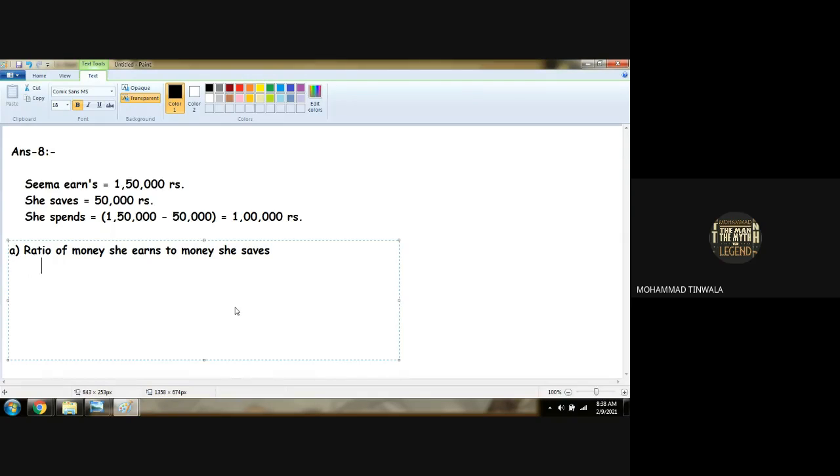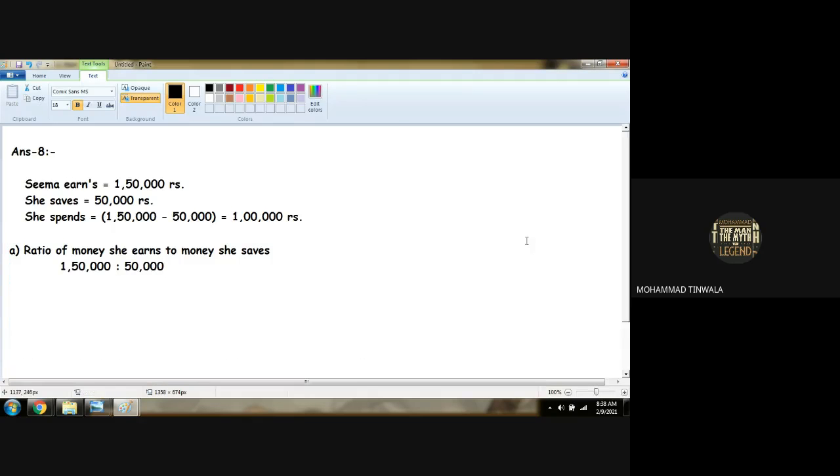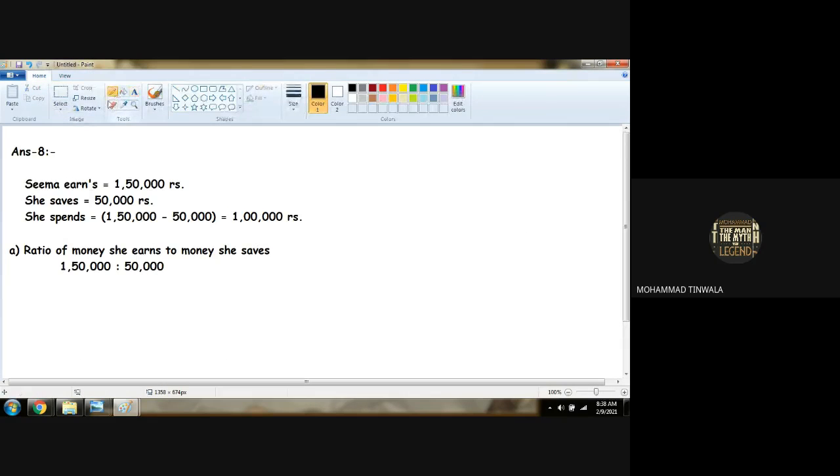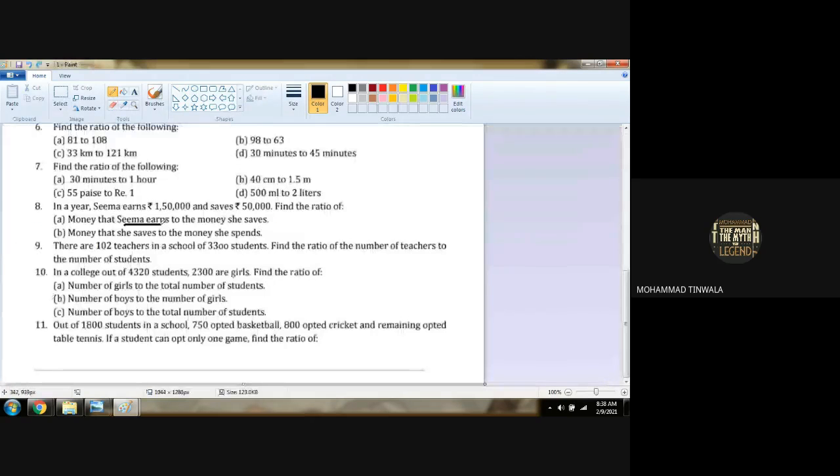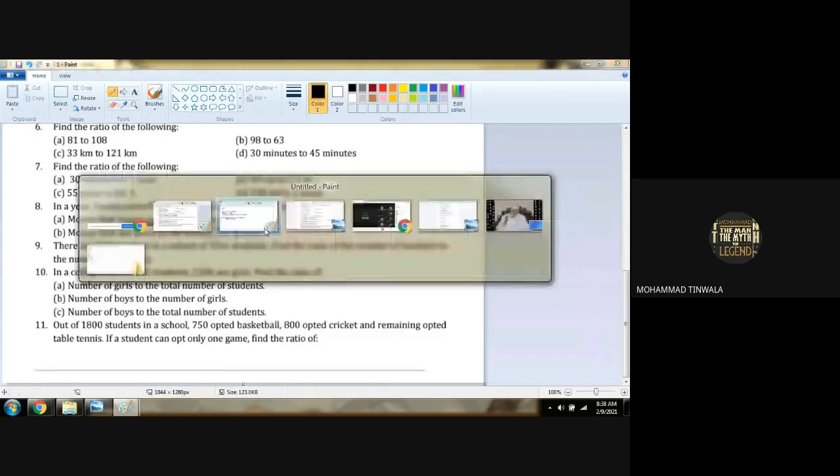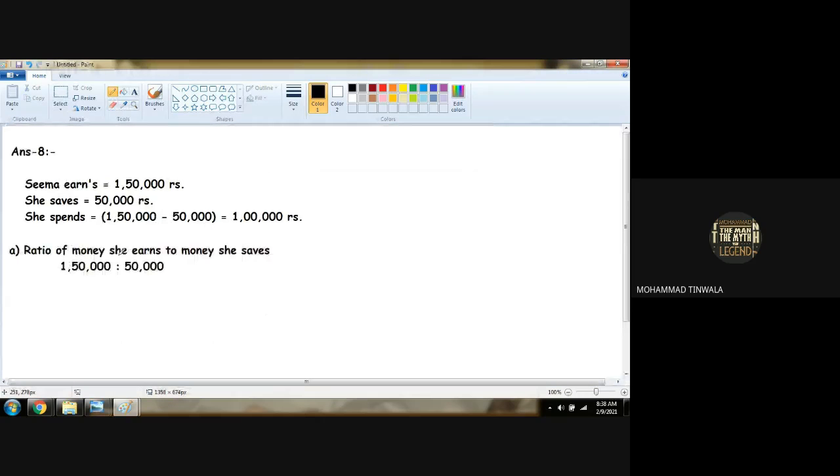So can I write here 1,50,000 is to 50,000? Anybody has any doubt with this? What is the question? Seema earns to she saves, right? So Seema earns to she saves. That means 1,50,000. How much is the earning? 1,50,000. Savings is 50,000. Is that clear, boys?